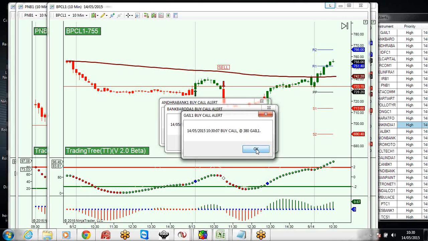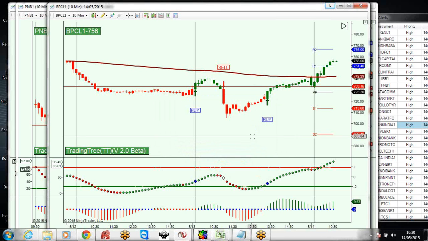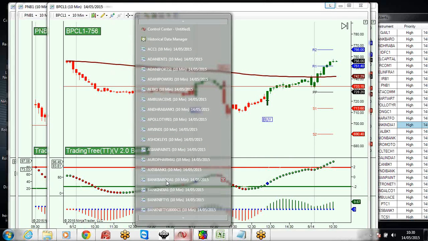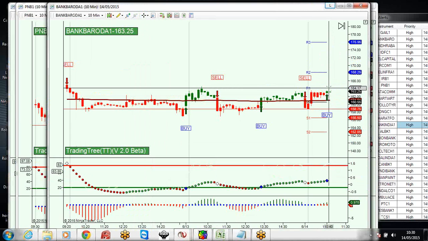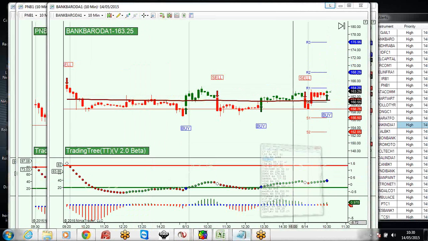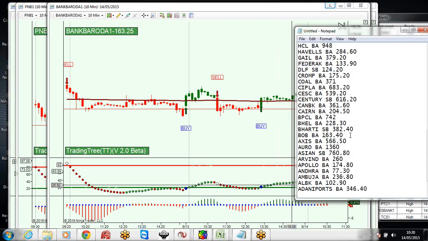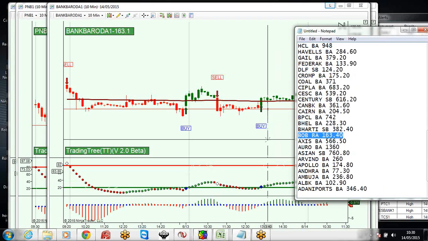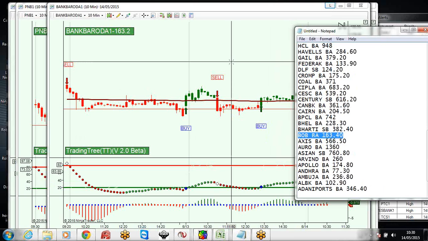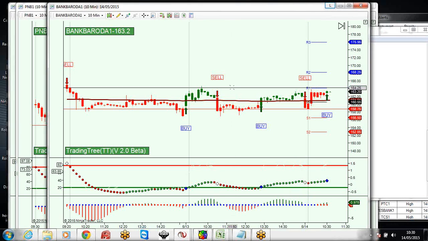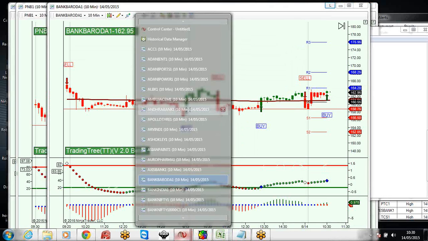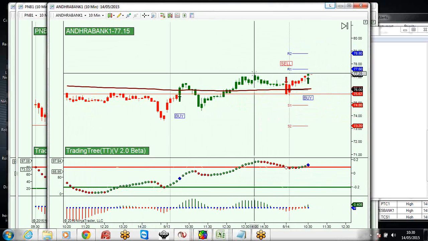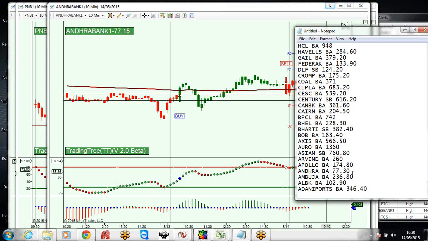So we have buy in Gale, Bank of Baroda and Andhra Bank. If you want to buy this, you can buy at this R1 level, but we have placed the order for Bank of Baroda at 163.40. That is the entry. 77.30 is the entry for Andhra Bank.